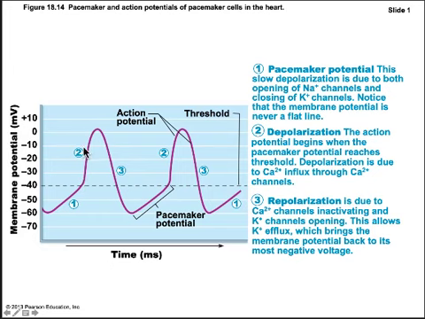Depolarization from calcium influx results. And then we close the calcium channels at the peak, again, around 0 millivolts, and open the potassium channels, and then we drift back down below threshold, and we even hyperpolarize, and then we start the whole process again with the pacemaker potential.